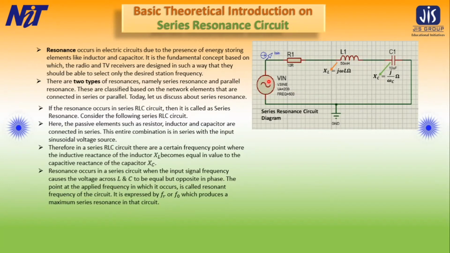So when resonance occurs, only the resistance is effectively acting in this circuit; L and C act like a simple conductor theoretically. This is called the resonant frequency of the circuit. It is expressed by Fr, sometimes F0, both are equal, and it produces maximum current in that circuit.